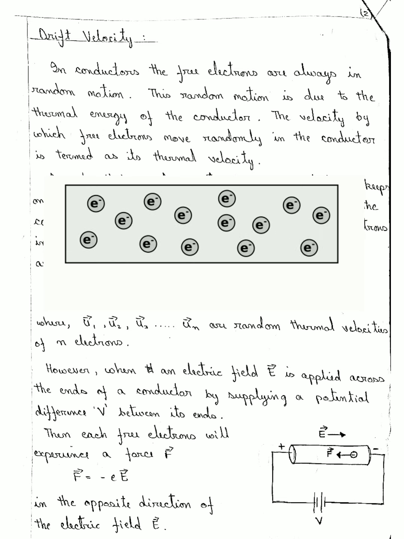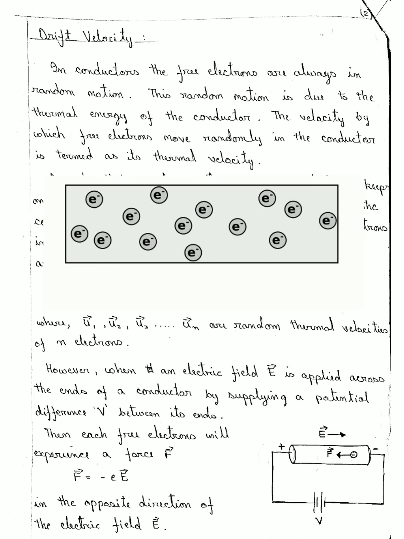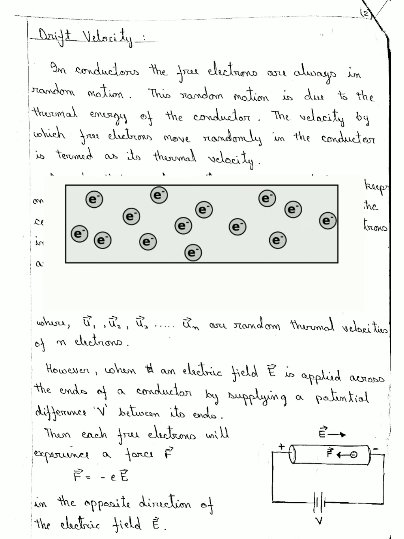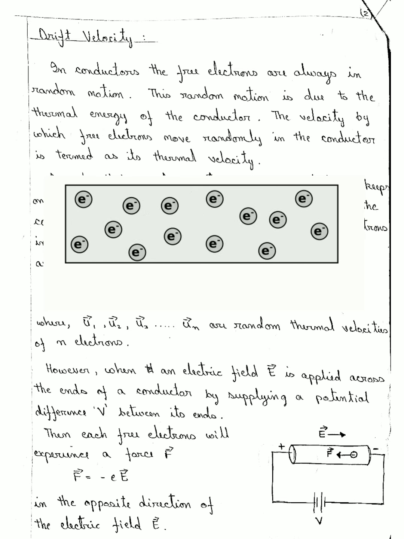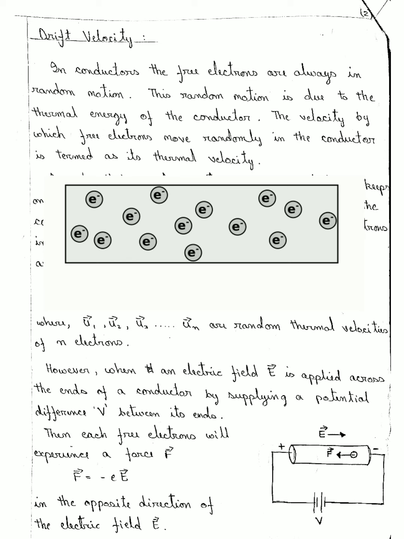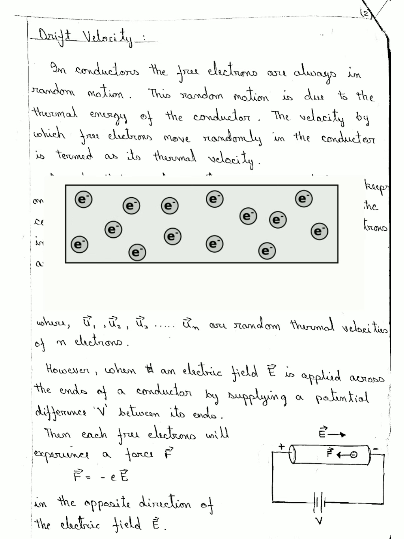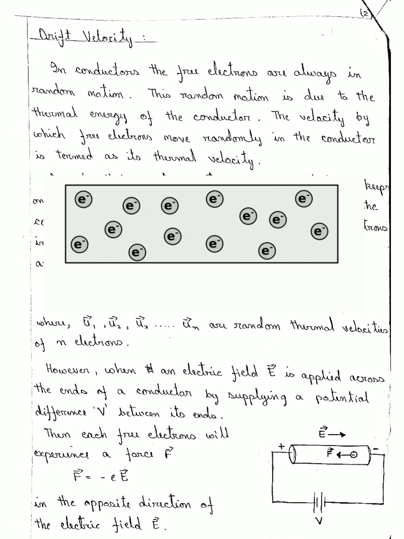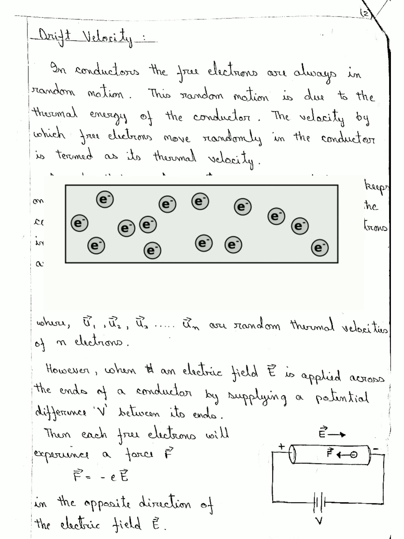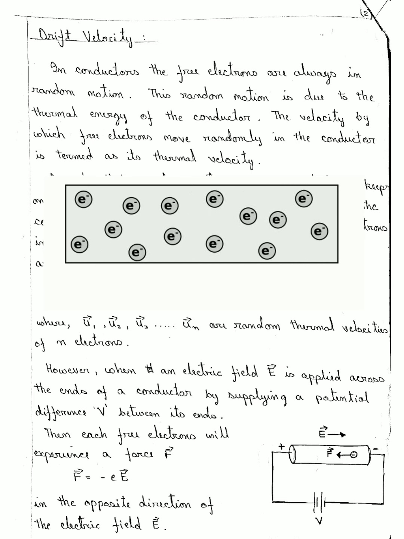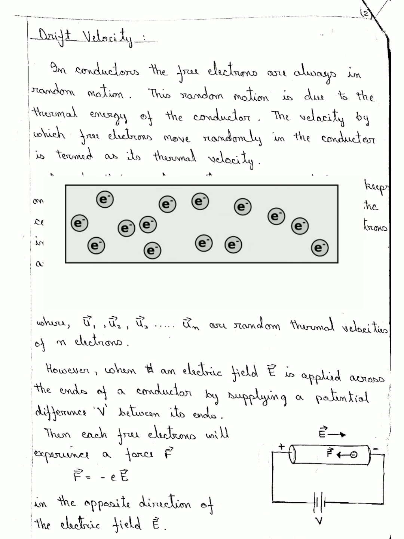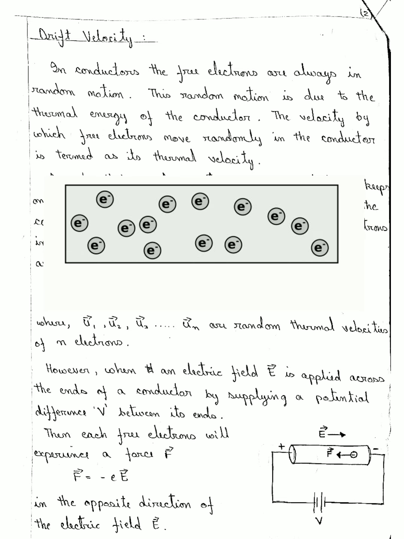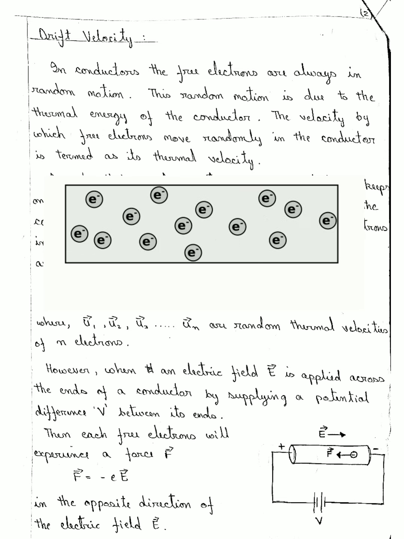So the electrons inside this conductor are in motion because of the temperature of the conductor. Now, even at room temperature, the electrons have energy, so that they will be in random motion. Now, if we increase the temperature of the conductor, then the electrons will move faster inside the conductor. And this concept will be used in temperature dependence of resistance.